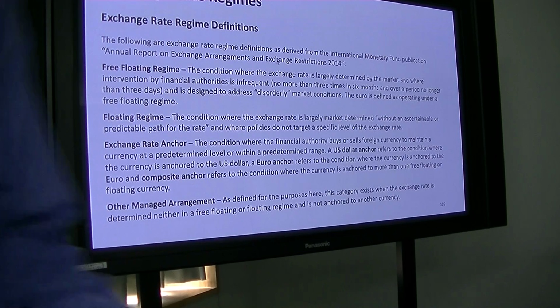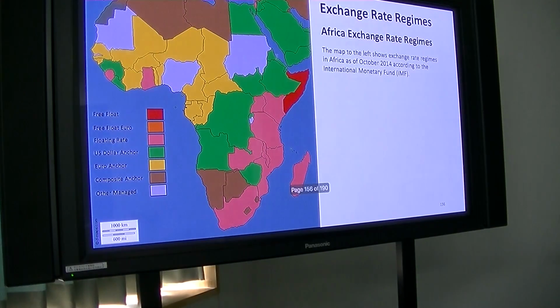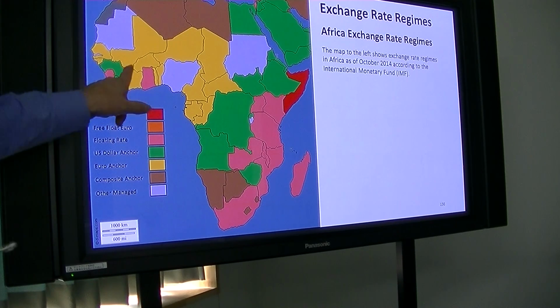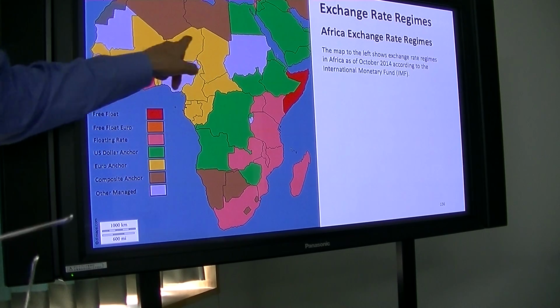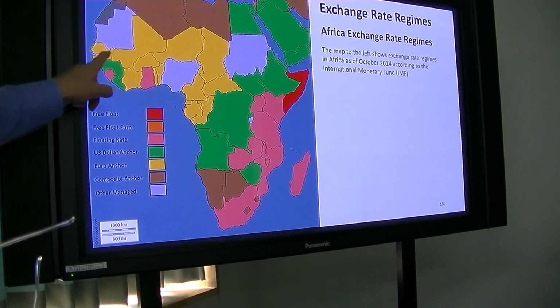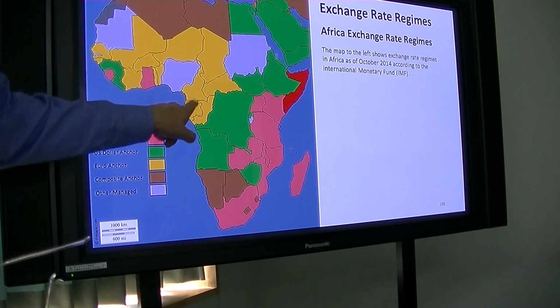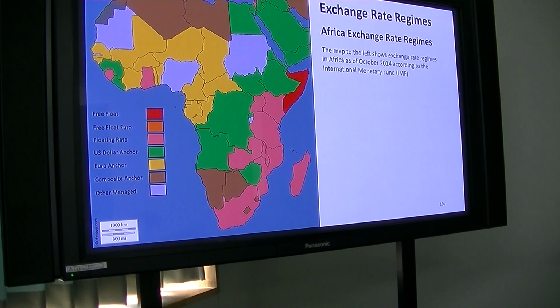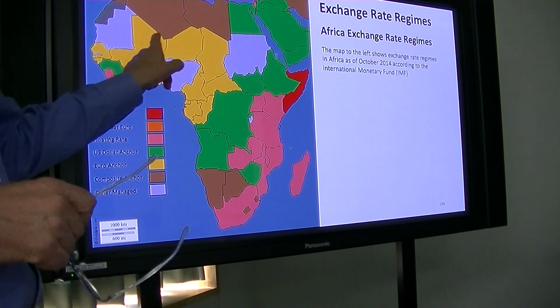So we'll look at each of the world economies, and we're starting with Africa, and you'll see this is the euro anchor. What's interesting here is most of these countries were part of French West Africa. These were French colonies.